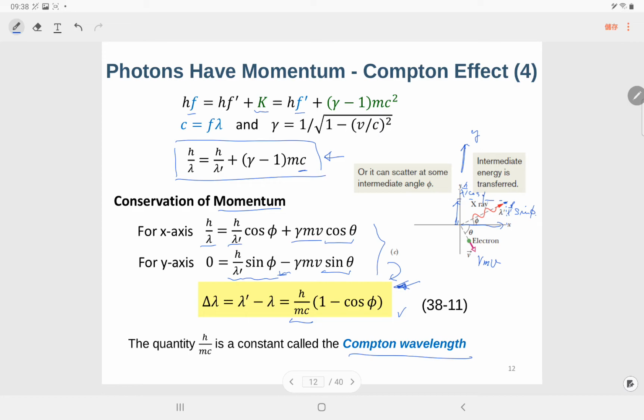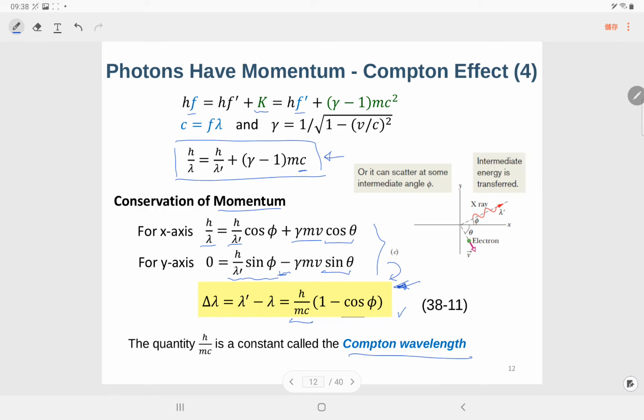It has some specific physical meaning here. Yeah, because it's somehow like when there is some incident wave.